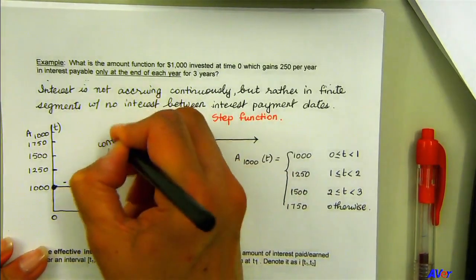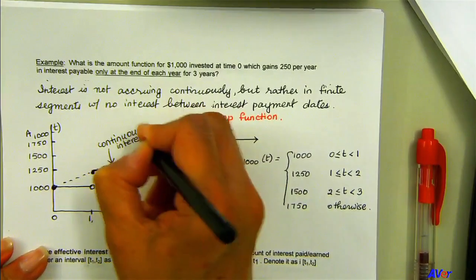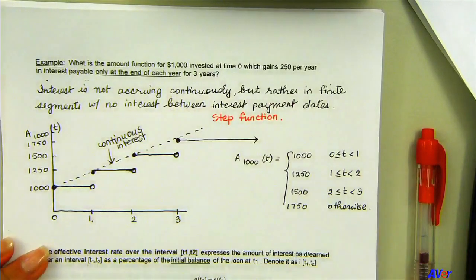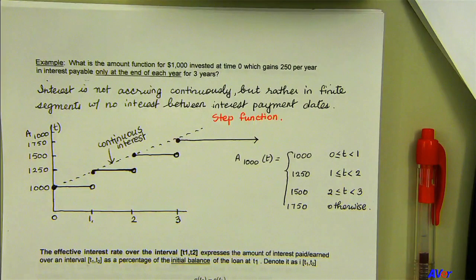Continuous interest, which is not for this problem, but I thought I would mention that. We said simple interest is linear. Isn't this simple? They said every year it makes $250. That's simple interest, right? Linear function. Everybody good? Okay, let's keep talking.